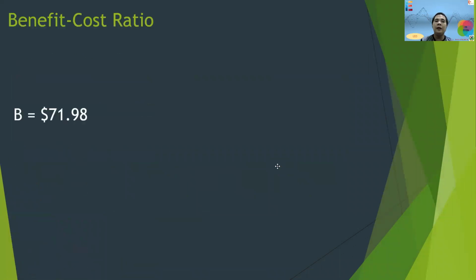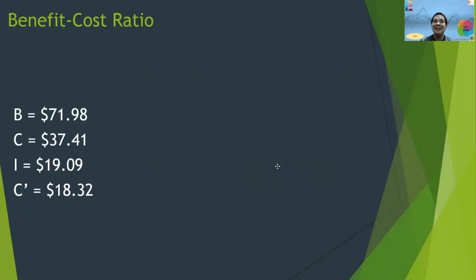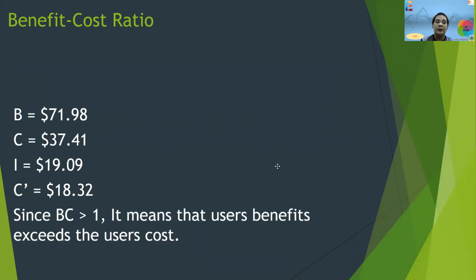With that, we can already compute our BC ratio, or our benefit cost ratio. So B is 71.98, C is 37.41. And therefore, since BC is greater than 1, it means that the user benefits exceed your cost.